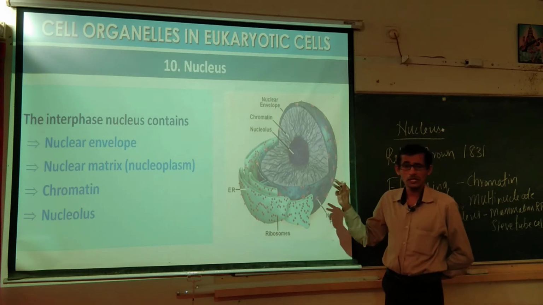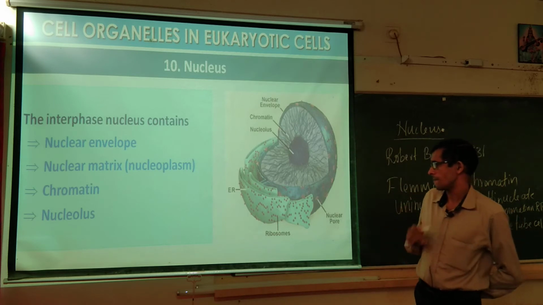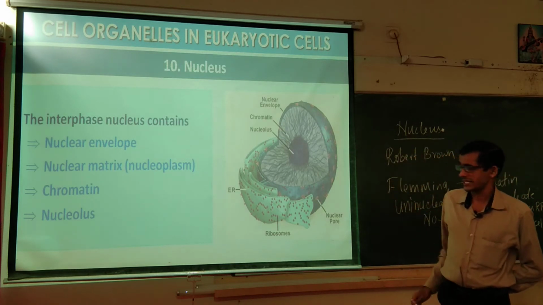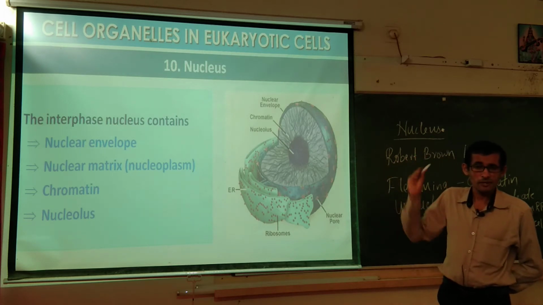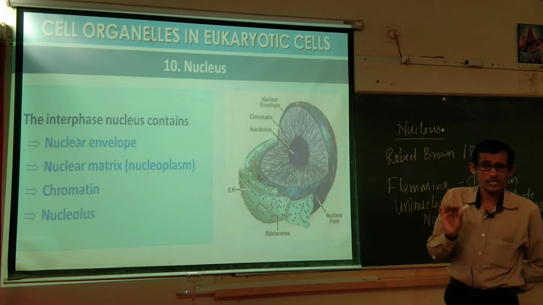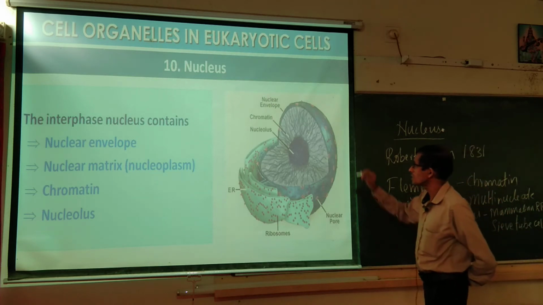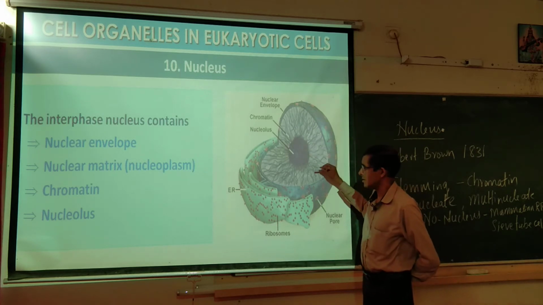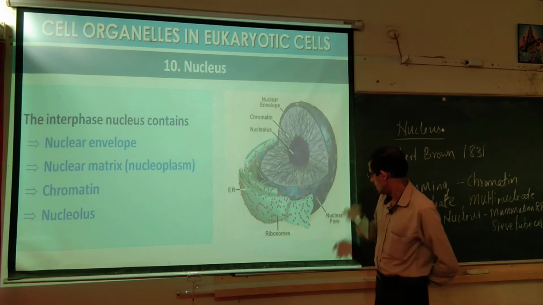It is the nuclear matrix present inner to the nuclear envelope. And chromatin refers to the genetic material, and then the nucleolus. So, these are the important parts observed inside the nucleus: nuclear envelope, chromatin, nucleolus and the matrix or nucleoplasm.